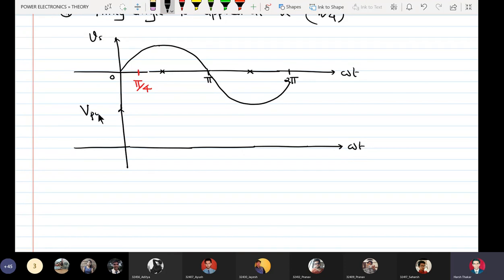If suppose this is the firing pulse voltage, then the firing pulse is being applied here at pi by 4.